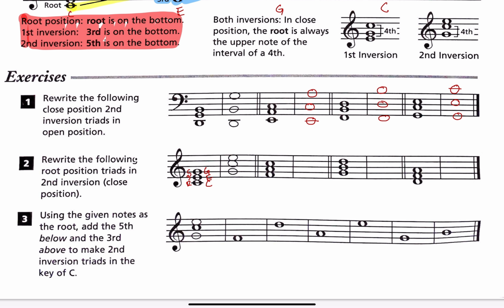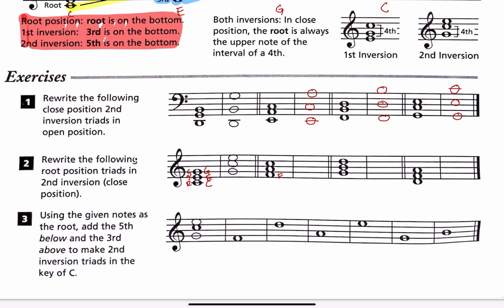To make it second inversion, we have to take the root and the third up the octave, because first inversion would have just been moving the root up an octave. Now to get to second inversion, we have to move the root up an octave and the third up an octave.